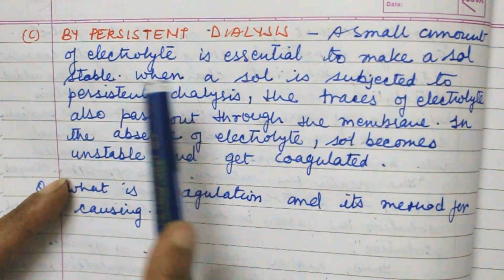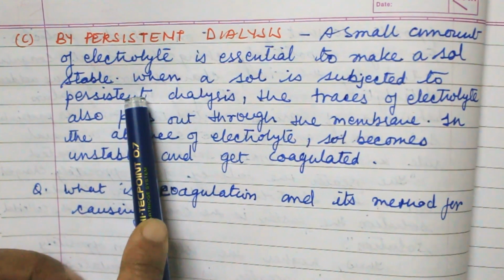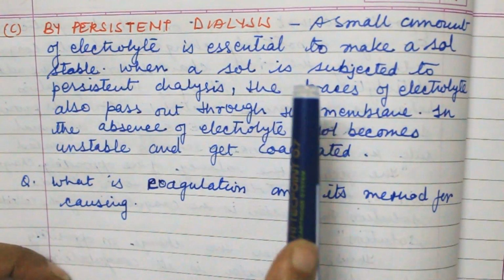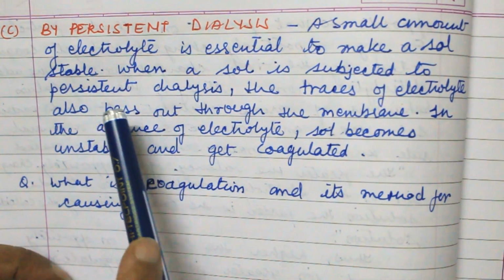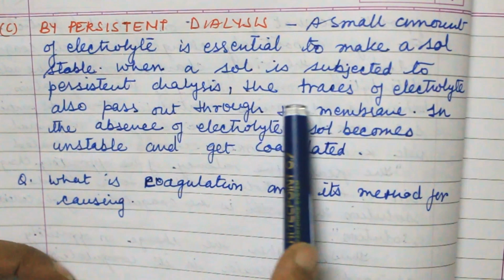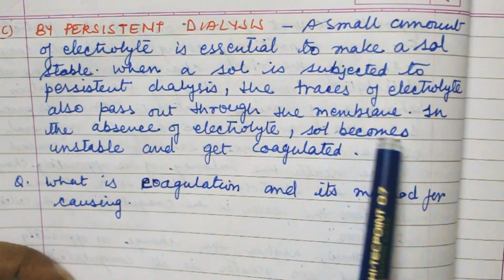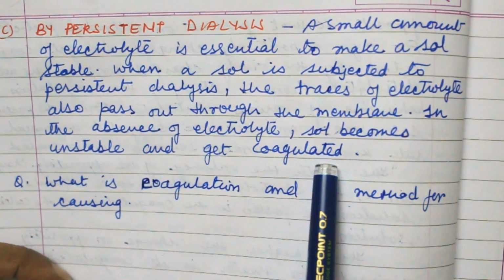A small amount of electrolyte is essential to make a sol stable. When the sol is subjected to persistent dialysis, the traces of electrolyte also pass out through the membrane. In the absence of electrolyte, the sol becomes unstable and gets coagulated.